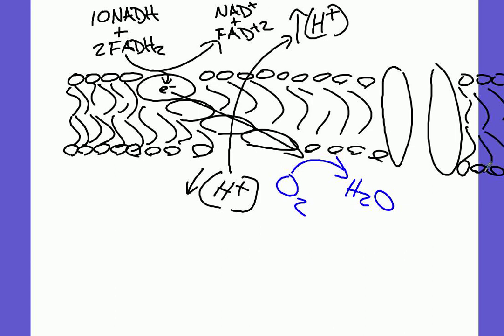That channel protein just lets that hydrogen ion come back through because it wants to move through the membrane anyway. And that channel protein is still the exact same enzyme that we talked about in photosynthesis. This is still ATP synthase. It's actually the exact same enzyme that's used by those plants. So as the hydrogen ion goes through, what am I going to make lots of?